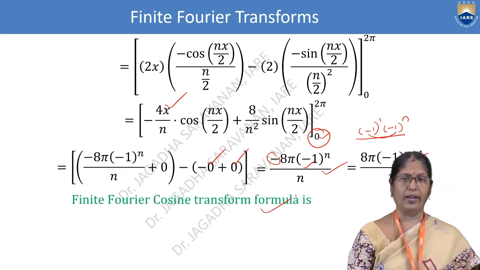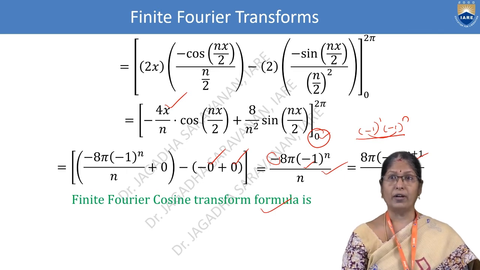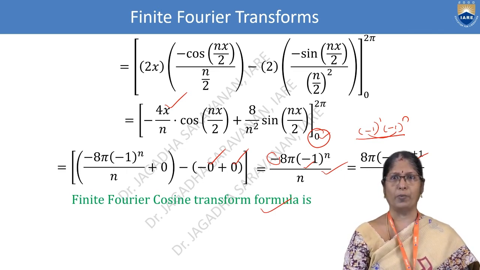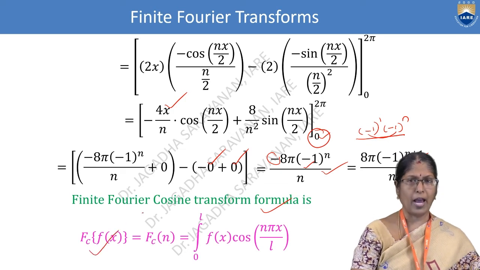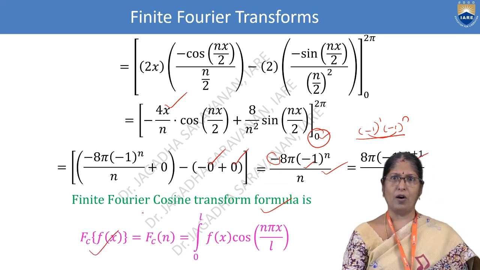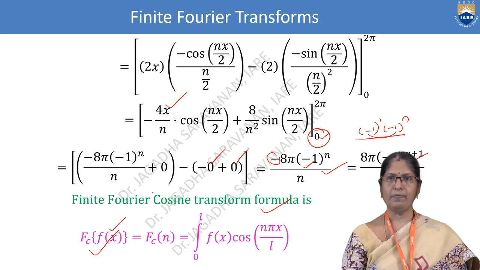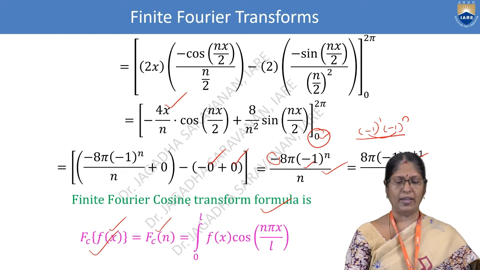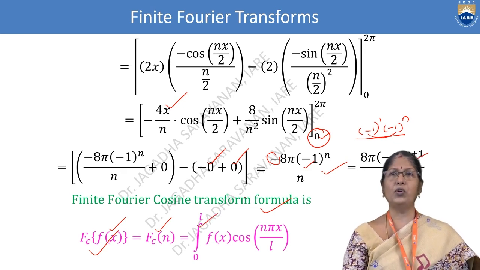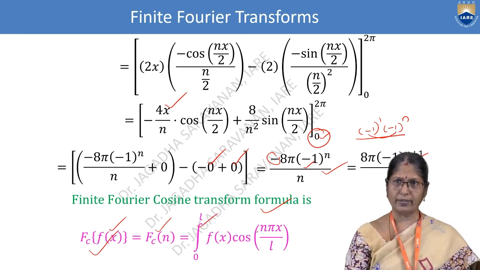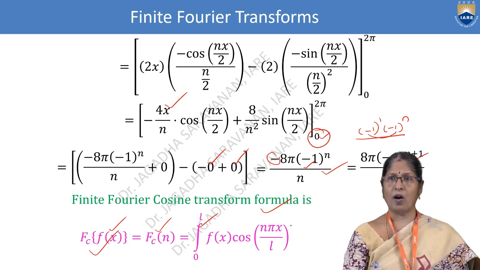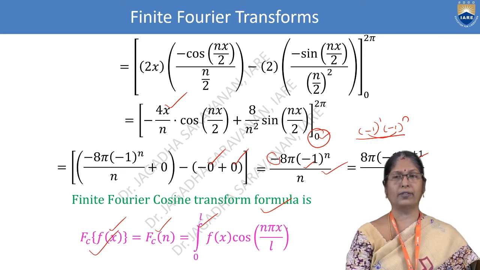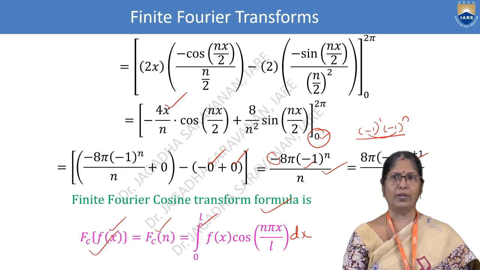So, the next one is the finite Fourier cosine transform formula. Now, capital F C of f of x, equal to capital F C of n, equals the integral from 0 to L of f of x multiplied by cos of n pi x by L dx. That is, we are doing the integration with respect to x.